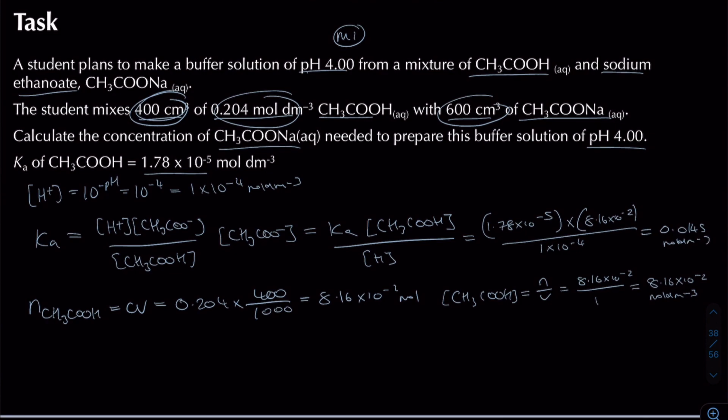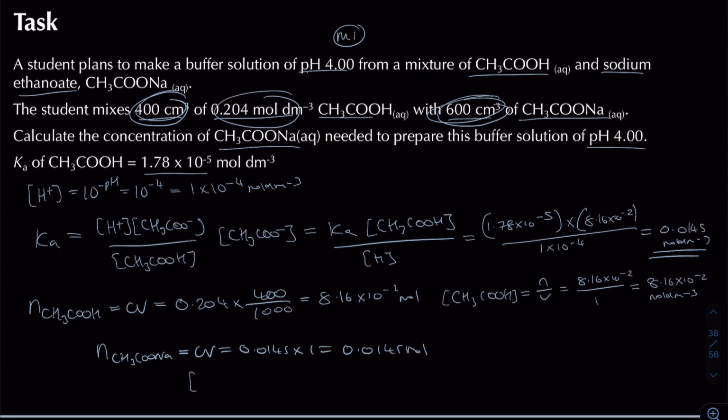Right, I've got my concentration there. Now I need to find the number of moles, and then find the concentration in 600 centimeters cubed, because this value here is a concentration in 1 decimeter cubed. So the number of moles of sodium ethanoate is going to be equal to the concentration times volume, which is 0.0145 times 1. That's going to be the same number for the number of moles.